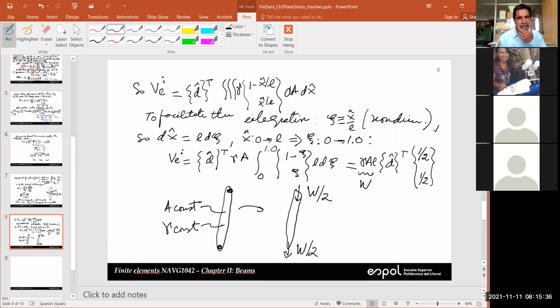But now you can see that we can follow a very consistent procedure. If I give you, for example, a distribution of A, you can take this inside and do the integration. For example, instead of having uniform area, we could have a varying area.